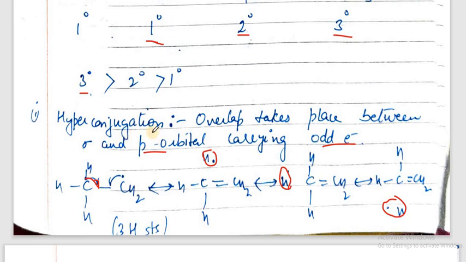So hyperconjugation between the sigma orbital and the p orbital carrying the odd electron is present. This carbon carrying the odd electron now has one alkyl group attached to it. One alkyl group has three hydrogens, so it has three hyperconjugating structures.